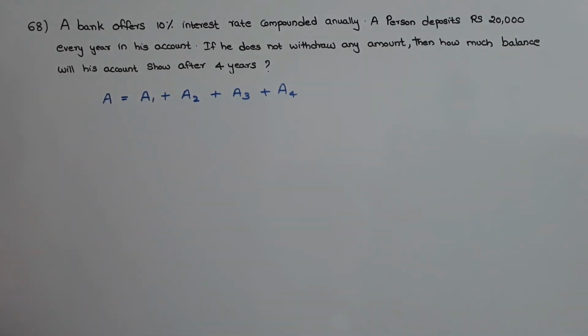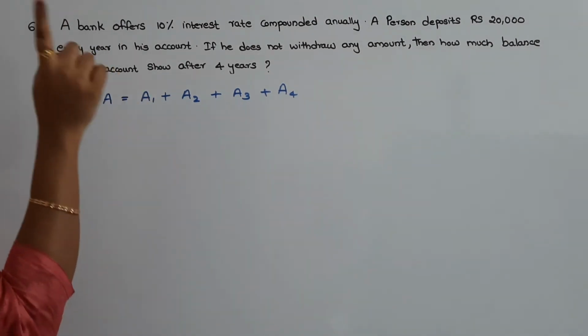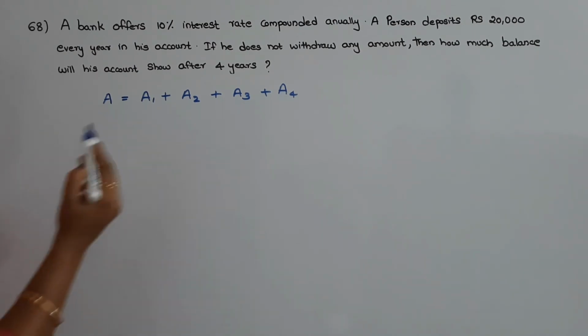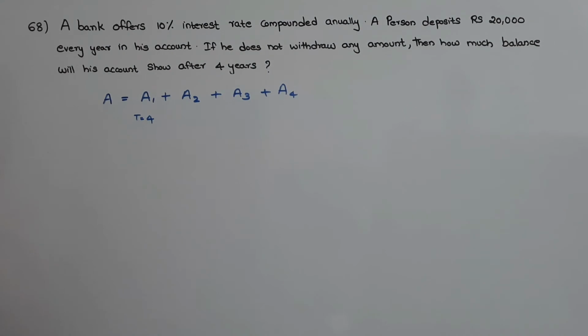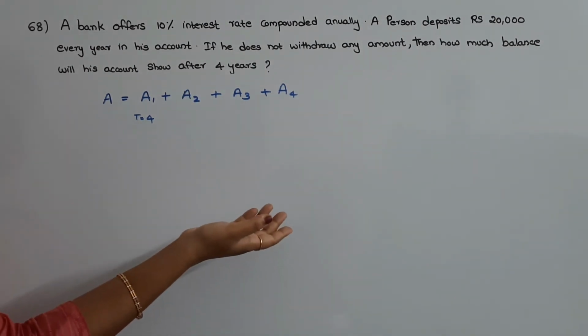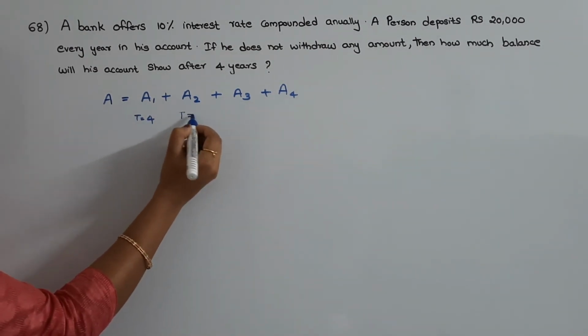Now what will be the time period for the money he deposited in the first year? The time period will be equal to 4 years. And for the money he deposited in the second year, what will be the time period? 1 less than this, that is 3 years.